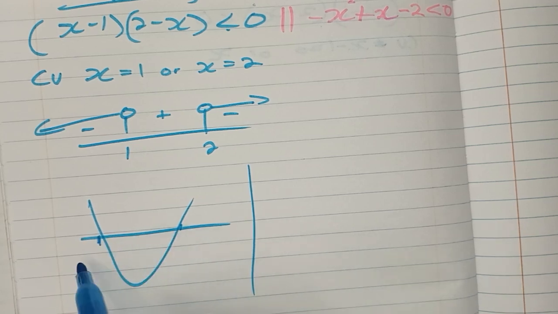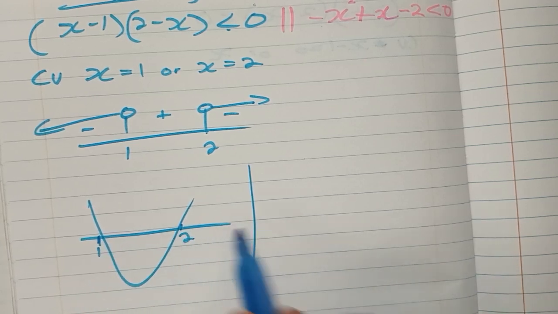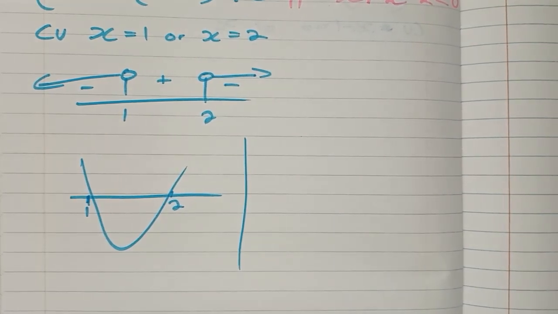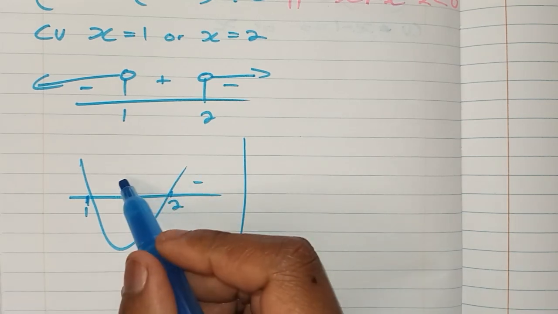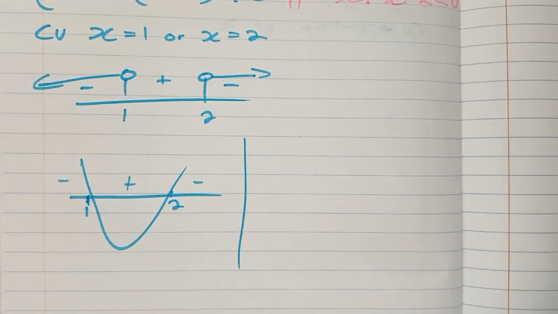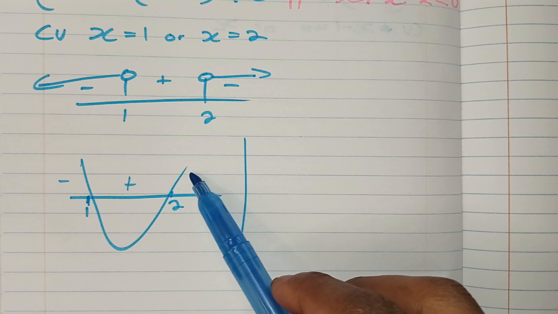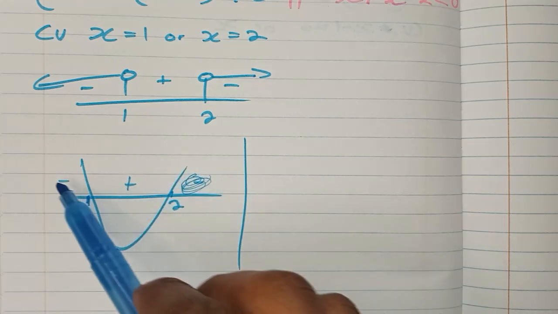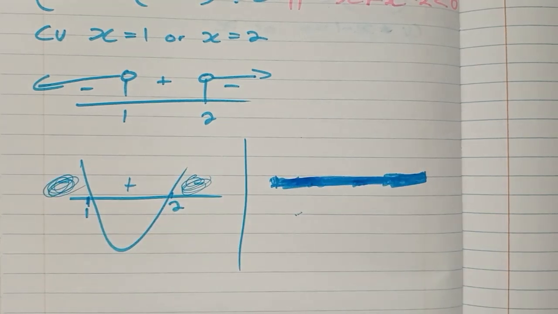Right, and there's a 1 here, there's a 2 here. So they're actually looking for the parts whereby x is negative. Now we know that this side is negative, this side is positive, this side is negative, so we are simply going to shade this part. That's how they do it. They simply shade.